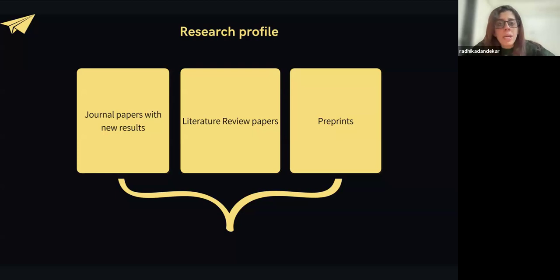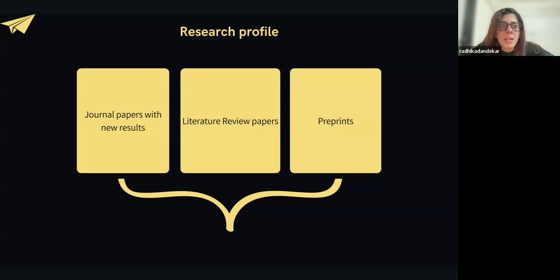So if you're a complete beginner and you absolutely don't have any experience with research, you can get started with writing a first author review paper, okay. So basically it is a summary of many different research papers written on the same topic. The last is the preprints, okay. Either the research papers or the review papers are first submitted to preprints before they are submitted to any actual journals or conferences.